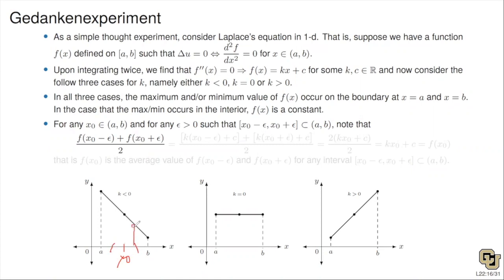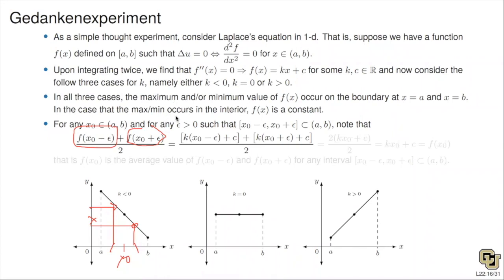What I'm doing is I'm taking this y value, which would be f of x naught plus epsilon, and I'm taking this y value, which would be f of x naught minus epsilon. I'm taking those two y values and averaging them. I'm adding and dividing by 2. So when we do the math, look what happens. I know what the function looks like.